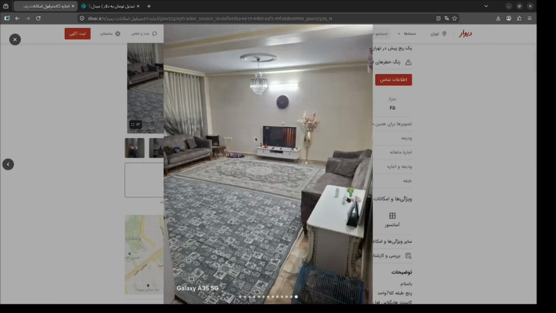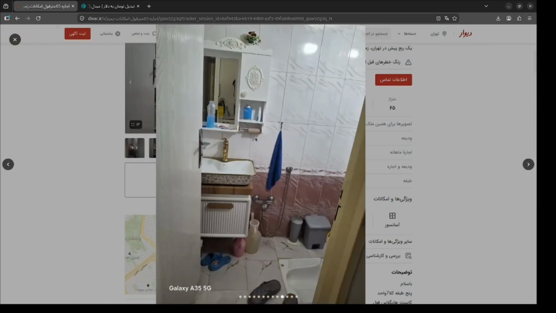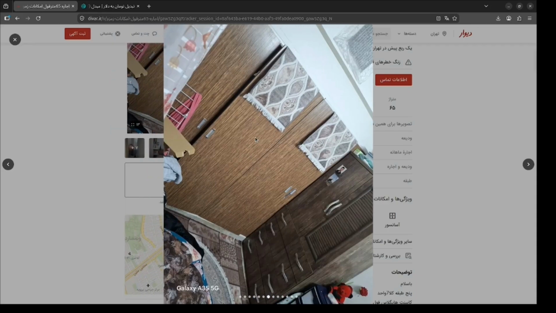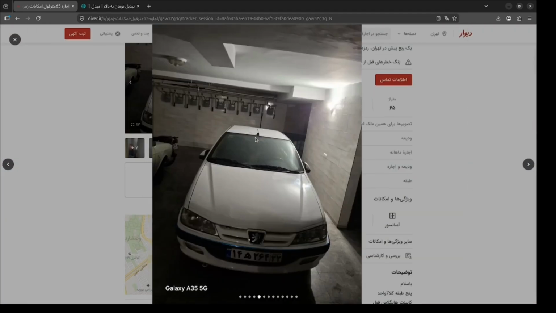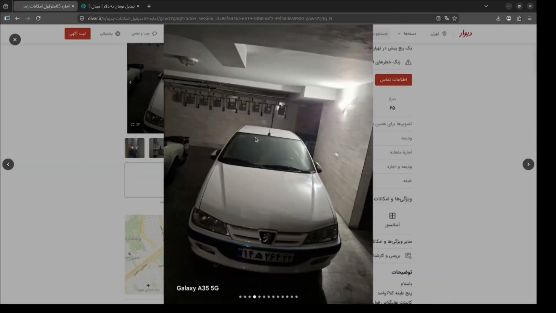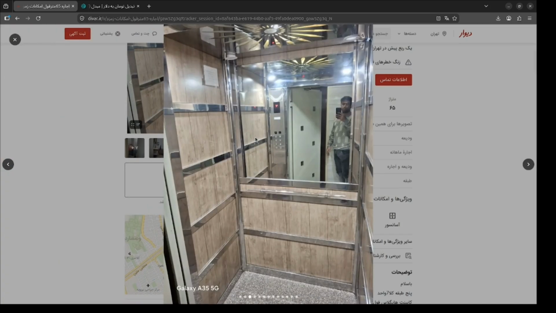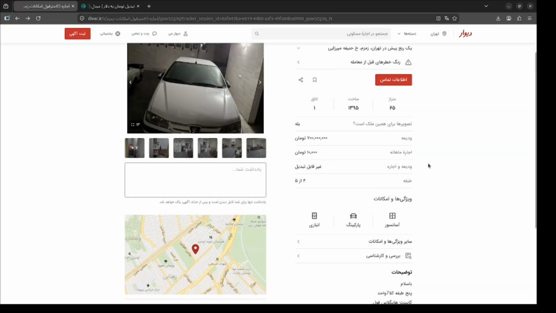Here are the images. As you can see, only one bedroom, and here is the upstairs. It also has parking. That's good, especially in Tehran. You always have a parking problem because the city is really big, and there are a lot of cars, and there aren't a lot of houses that have parking actually.